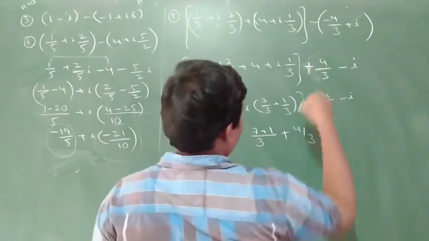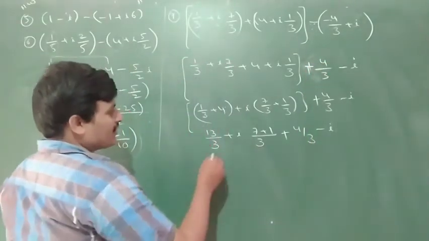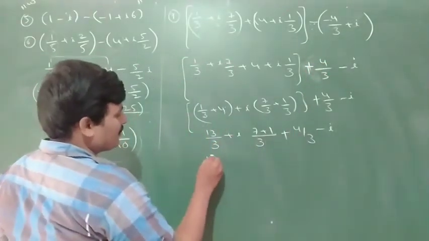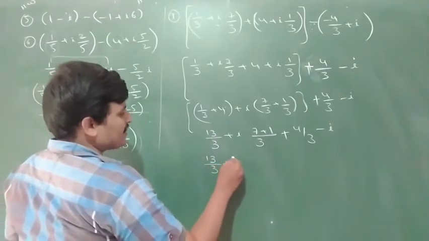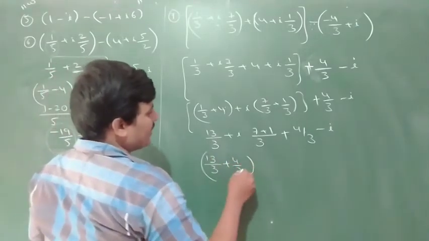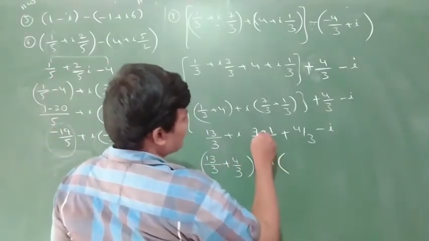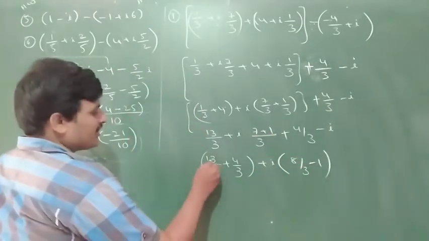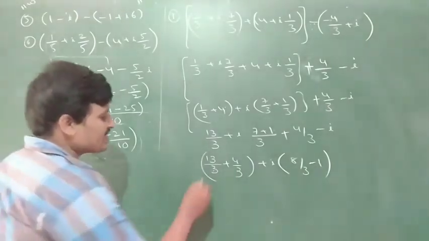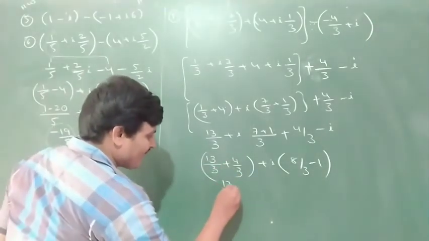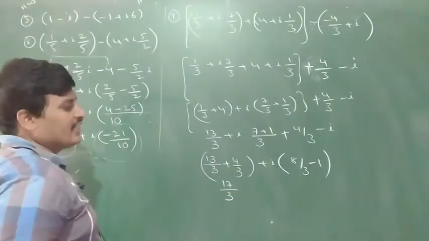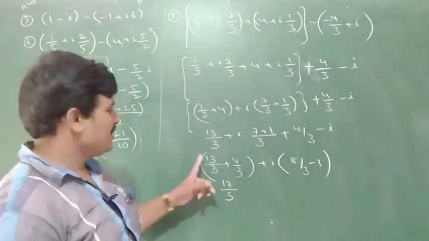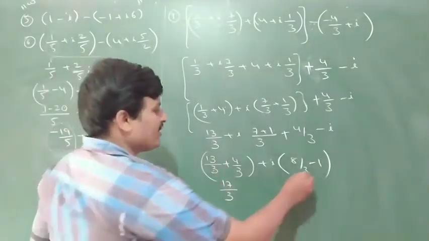So 13 by 3 plus 4 by 3, separate, plus i common: 7 plus 1, 8 by 3, minus 1. 13 by 3 plus 4 by 3 is 13 plus 4, 17 by 3, same LCM 3.